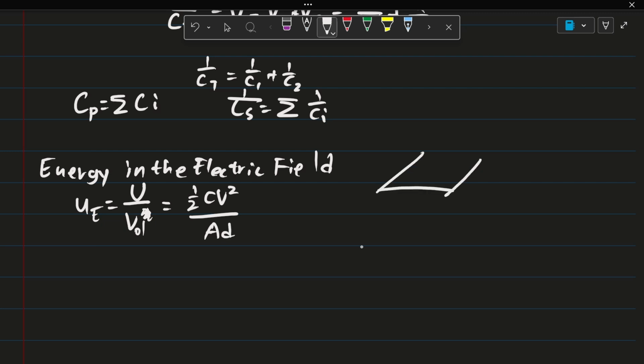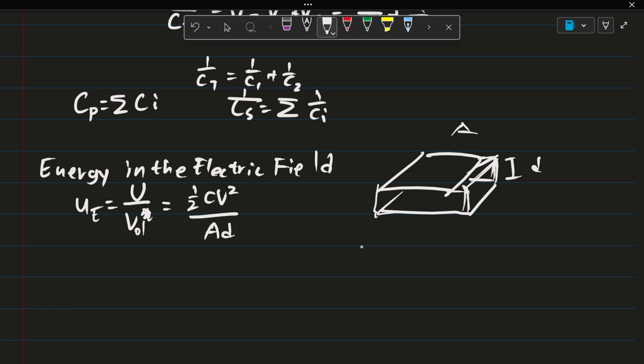So in here, remember that this distance here is D and it has an area of A. And we want to compute the energy inside of the space between the plates. So we will just use A times D. That's pretty much the volume.